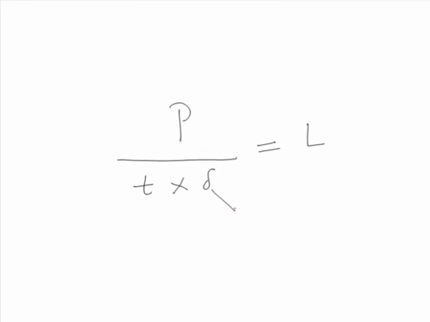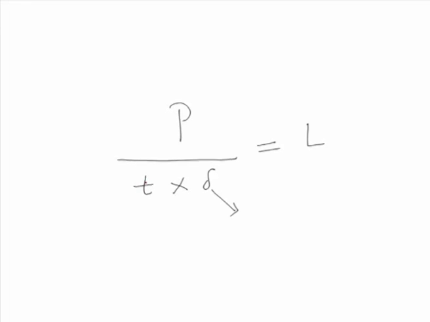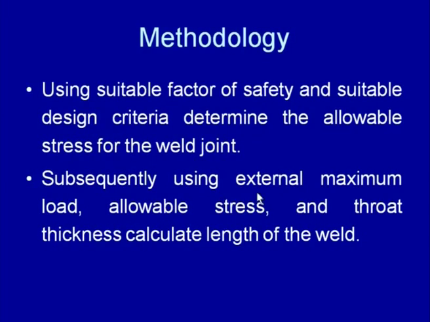Sigma is basically the allowable stress, and that will be based on the property or the design criteria used for designing the weld joint, and T becomes the throat thickness, which will be based on the type of weld used for a given plate thickness. So, using the maximum load for which the joint is to be designed, the allowable stress and the throat thickness, the length of the weld is calculated.